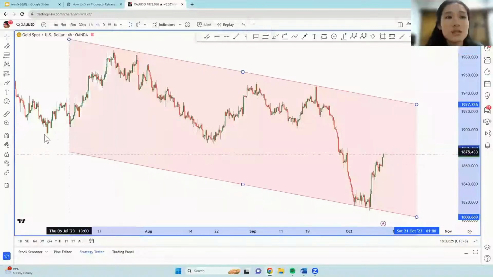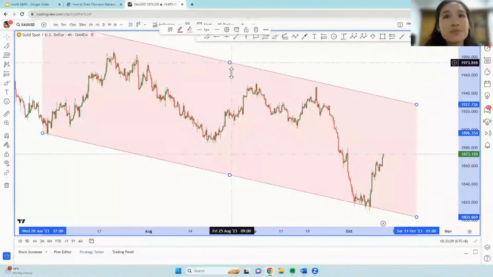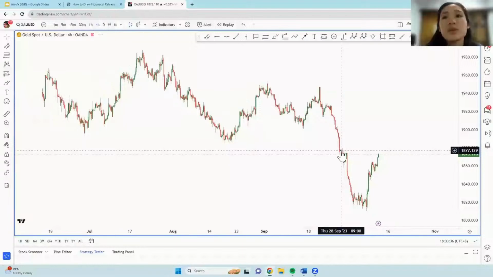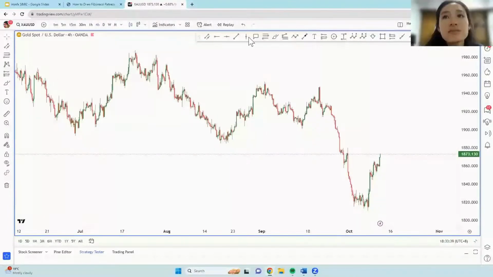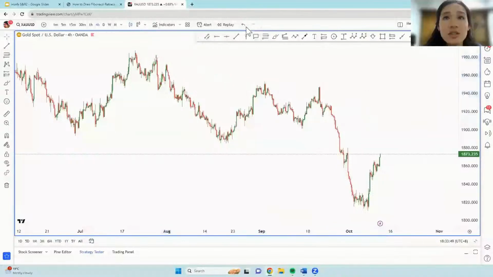Let's see if we have a trend channel. Okay, no, we don't. Do we have a trend line? Also no, because we have this area here.